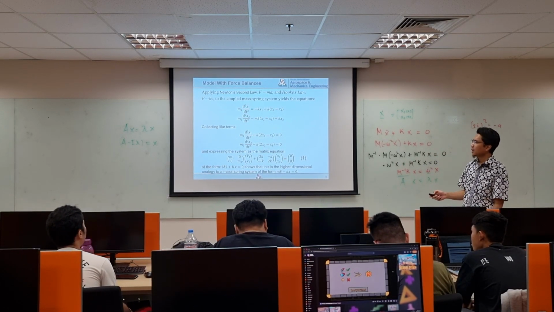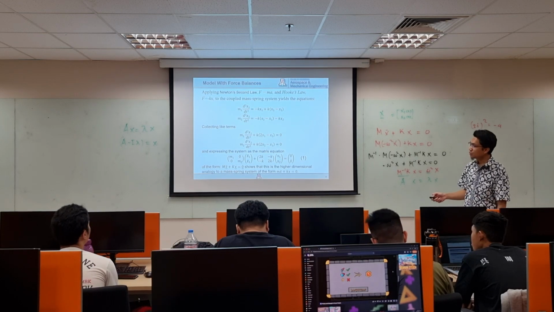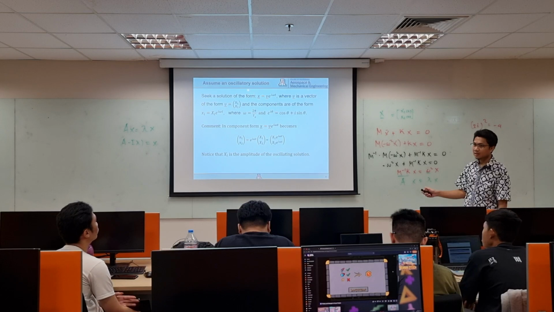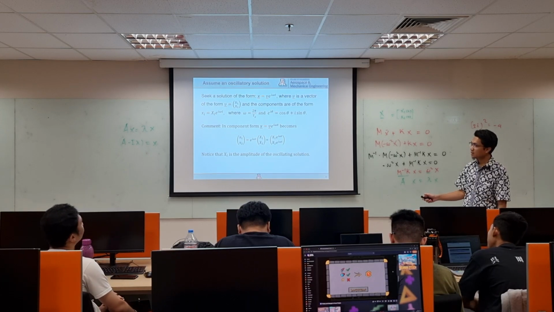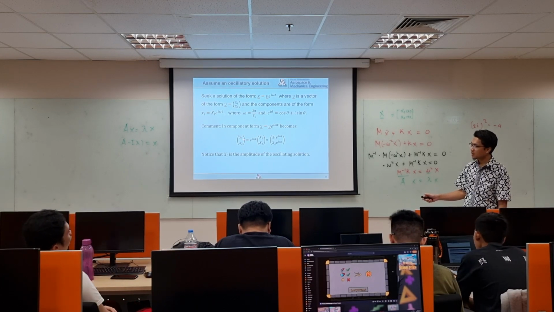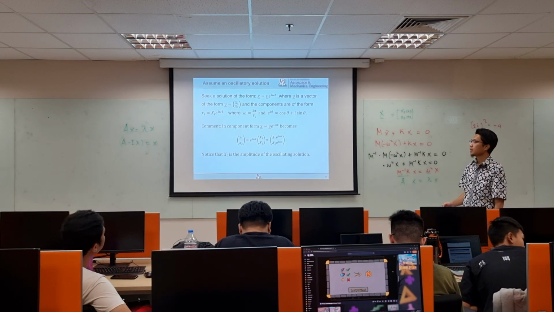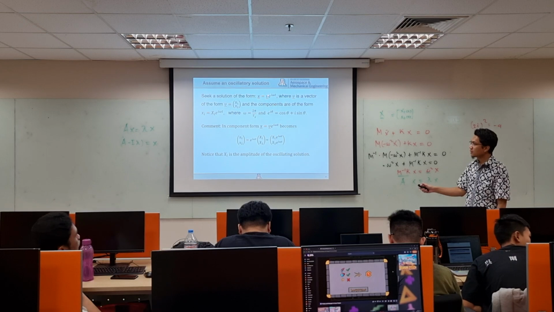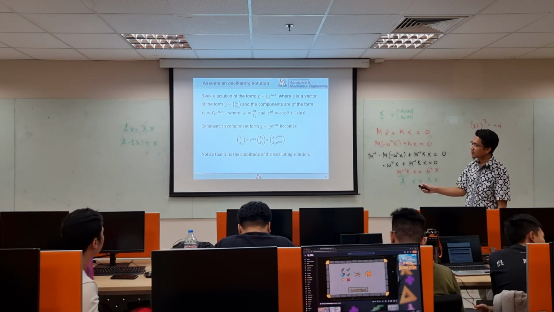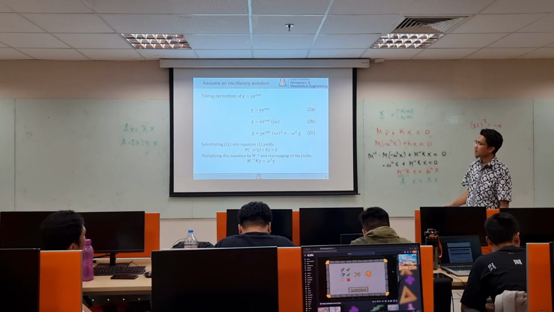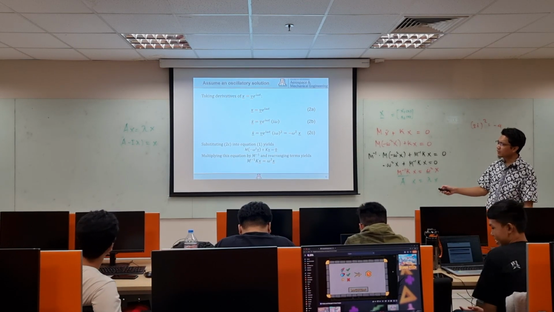And the displacement of mass 1 and mass 2, we denoted as the x here, x1, x2. So we assume that the displacement is V times e to the i omega t, and then we derive it.